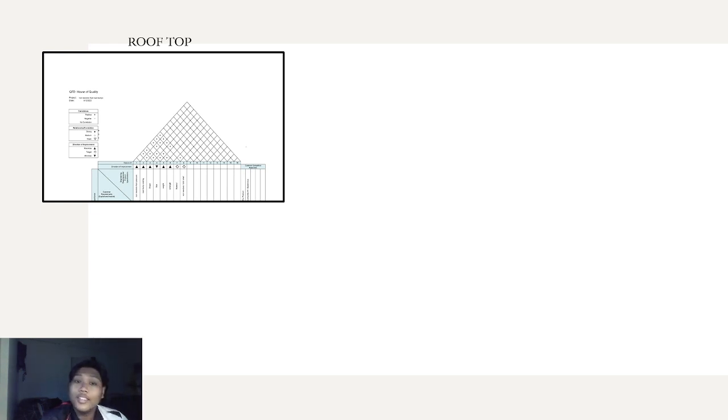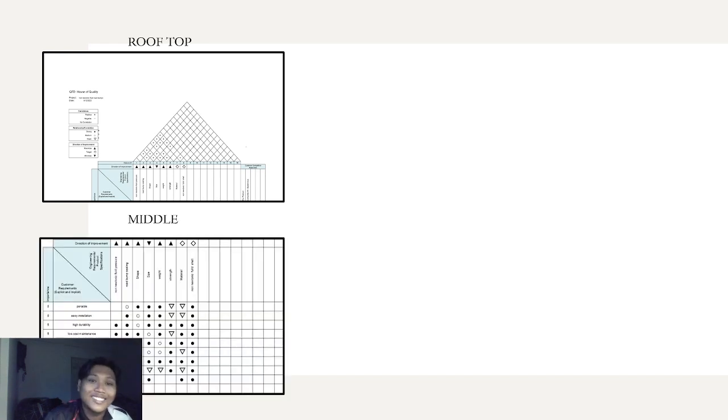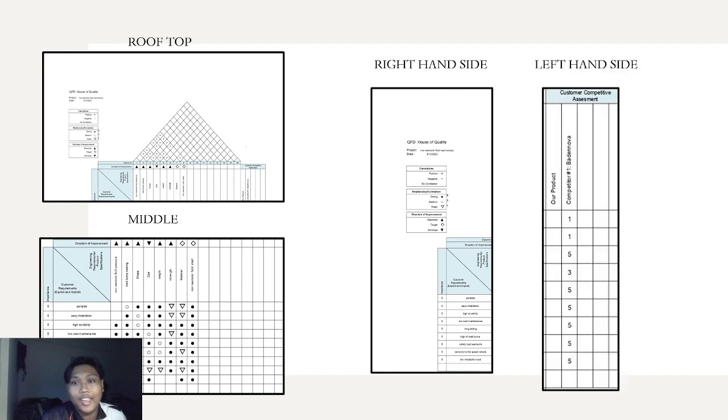The plus sign in the correlation is a good correlation, no sign means no correlation, and negative is a negative correlation. Let's say when we want strength, we must have a good material. If we want to lose weight, we have to change the shape or the material. And then we get the middle part, the right hand side and the left hand side.